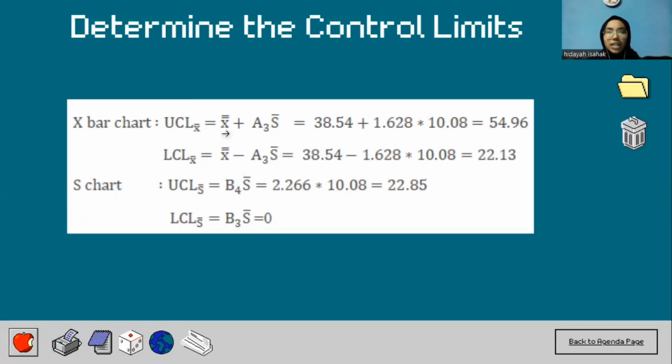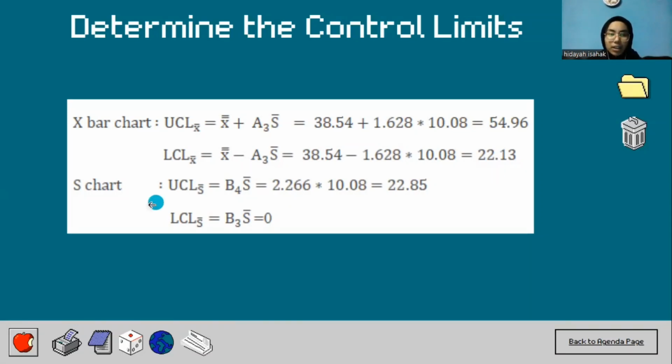X double bar we can calculate from the formula, which is X double bar equals summation of X divided by K. So for this data, we get 38.54 plus A3, 1.628 based on the chart just now, times S bar that we calculated, which is 10.08, and we get the UCL is 54.96. Same for the LCL, but we need to subtract, and we get the LCL is 22.13.